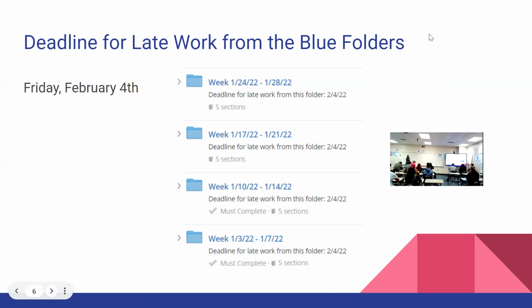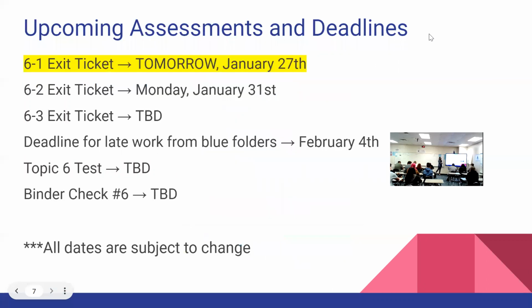If you need an extension on the deadline, I can give you equal to the amount of days that you were absent. So if you were gone 5 days, then you can have till February 9th. You figure that out on your own, how long you actually have to turn stuff in, and make sure you turn it in through Schoology. So coming up, not this Friday, but next Friday.